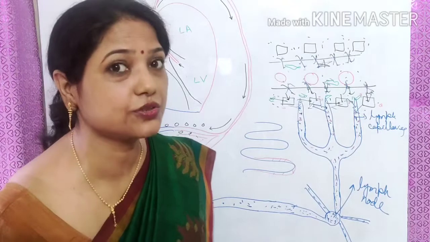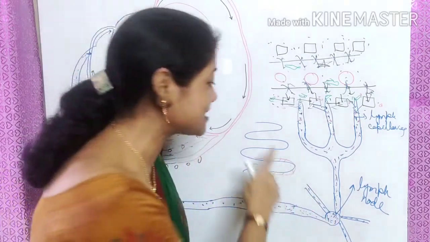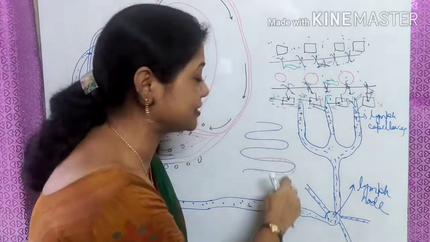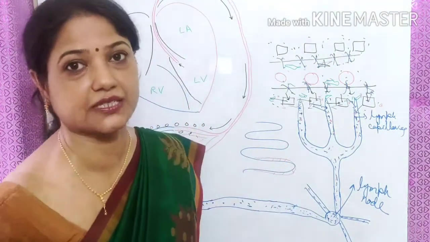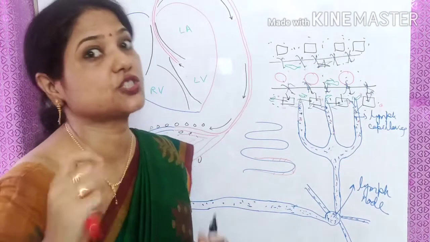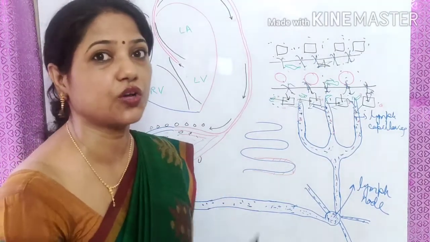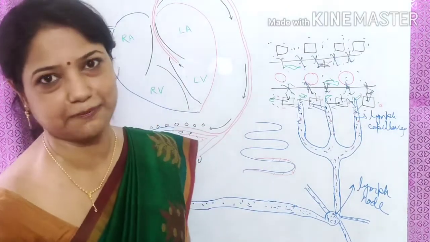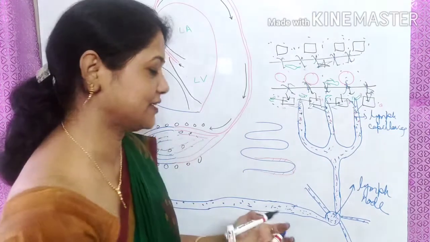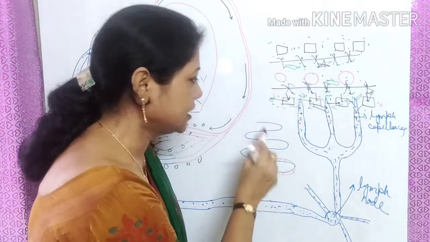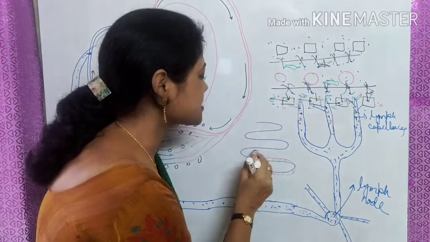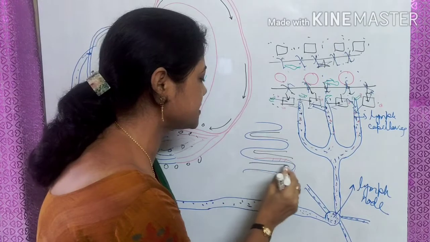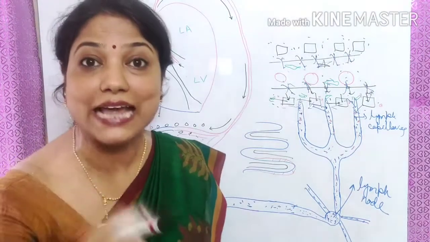But what happens, you know, children? The digested fat, the fat which is digested inside the intestine, cannot enter into the blood capillaries. Why? Because the pores present on the blood capillaries are too small and the fat molecules are bigger, so they cannot enter inside the blood capillaries. So, for this reason, certain lymphatic vessels are present in the intestine, which are called lacteals.